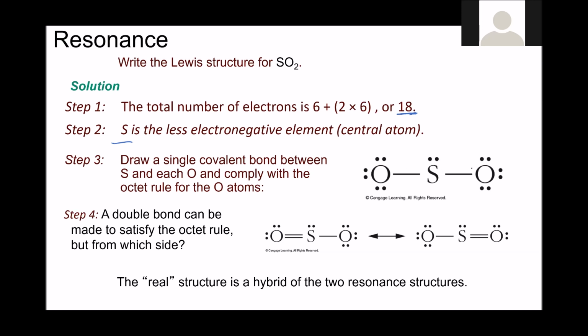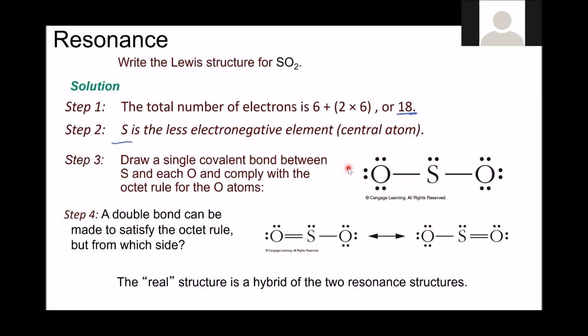And then start fulfilling the octet rule for each oxygen. You will put 6 here and 6 here. So that's a total of 8 for this oxygen, 8 for this oxygen. So you used 16 already. So you're left with only 2 electrons to put on the central sulfur atom. That makes the total number around this sulfur only 6.